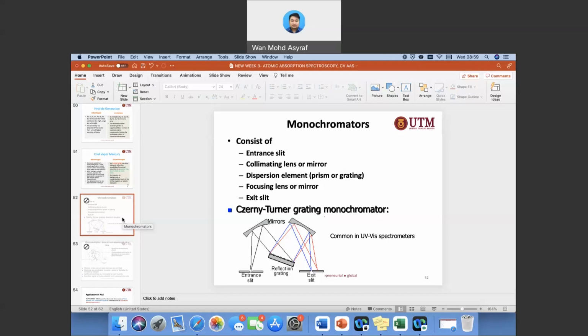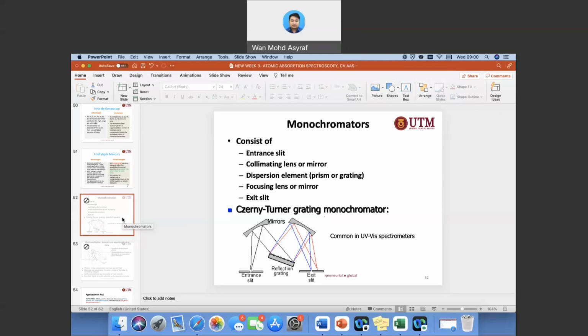So the function of the monochromator after the sample has been excited is that you want to be able to select again just the copper wavelength, which will be recorded by your detector. Because during the excitation inside the flame, even though just copper will be excited, there may be some other components inside there which can also be excited, because they have the same wavelength.